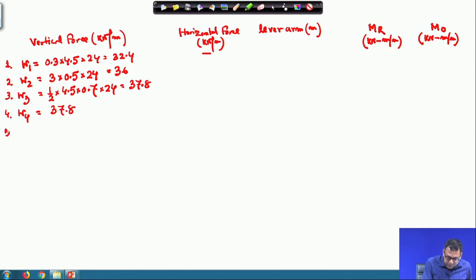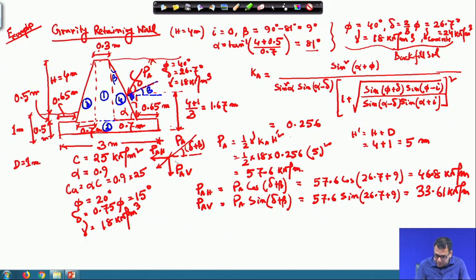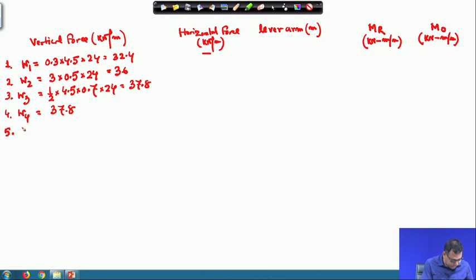Then number 5 is the vertical component, PAV. So, PAV is 33.61. And number 6 I am taking is the horizontal one.